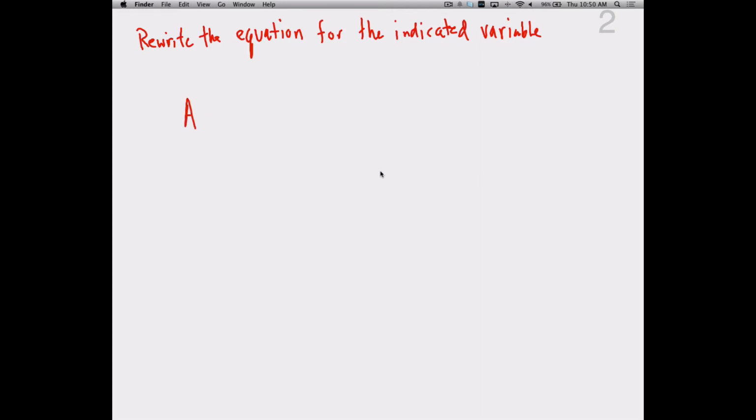Oh, rewrite. I said rewrite. What does that even mean? Oh, I know how to do that. I got it. What?